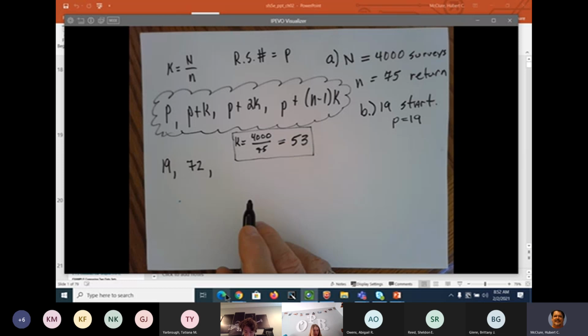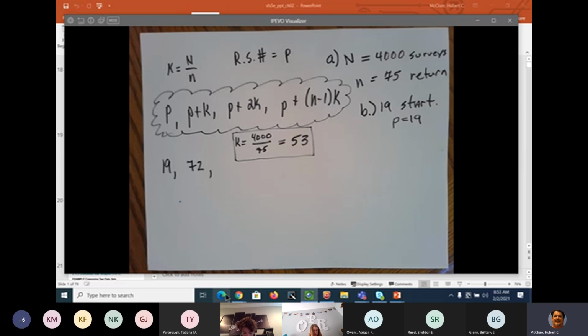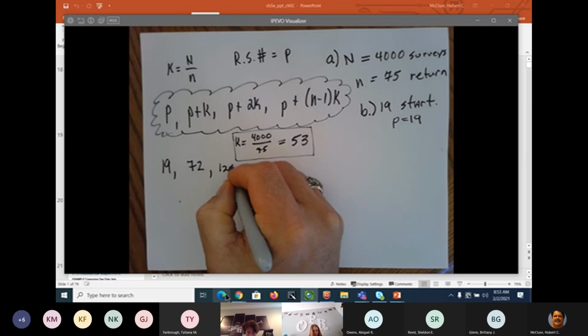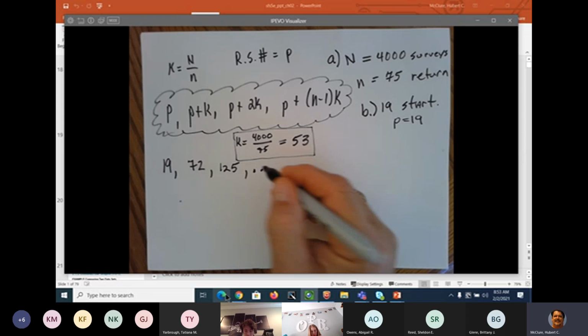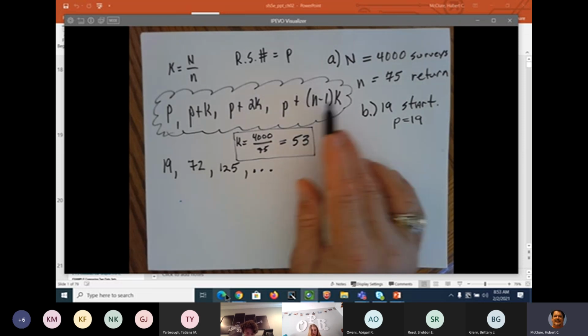P plus 2K is 19 plus 106. So 19 plus 106, that's 125. Dot, dot, dot. Now, n minus 1. N is 75.